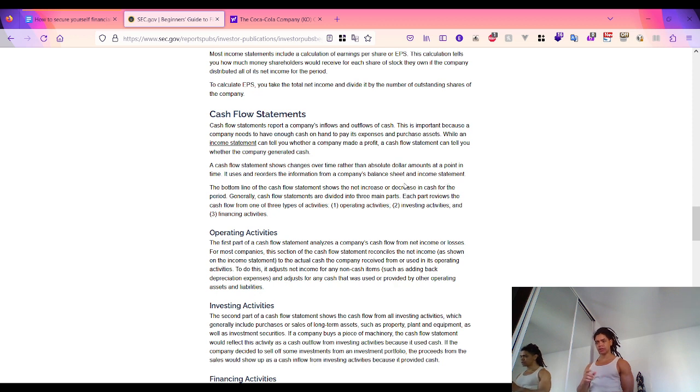At the bottom line, the cash flow shows the net increase or decrease in cash for the period. Generally, cash flow statements are divided into three main parts. Each part reviews the cash flow from one of the three types of activities: operating activities, investing activities, and financial activities.